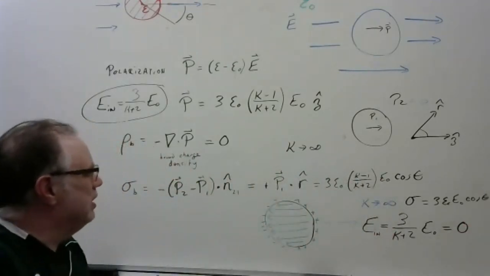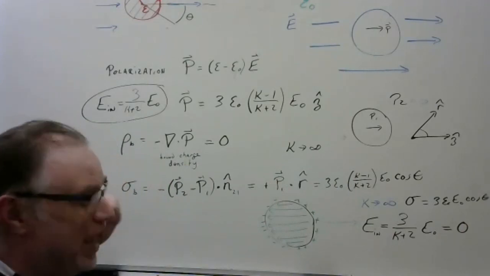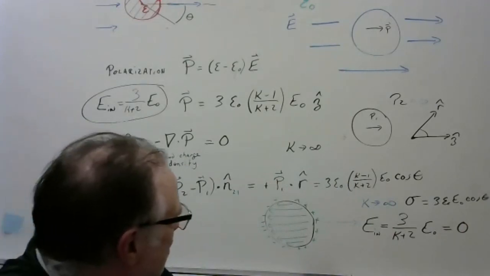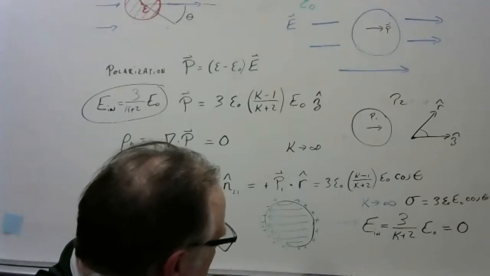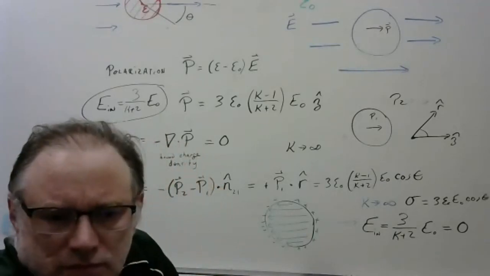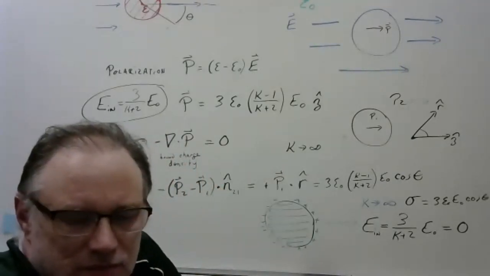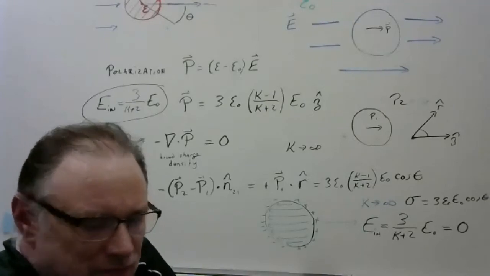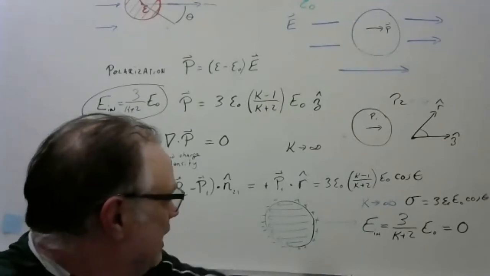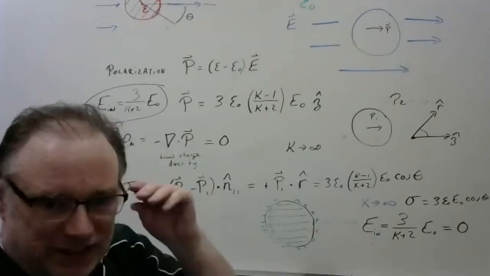We look at kappa equals 1 as being a vacuum. What would kappa equals infinity best represent? Let me give you a hint: the electric field goes to 0.